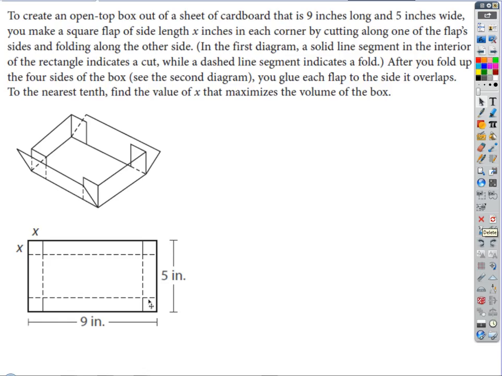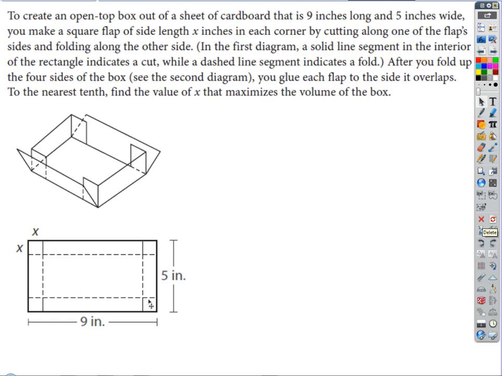Because we don't yet know how deep to make the cuts. That's what we're going to control, right? We're going to control how much we're going to cut out of the corners. Agreed? And then we'll just fold the flaps up once we've made the cuts. So in terms of x, which is our variable that we're going to be able to control, what are the dimensions of the box going to be?